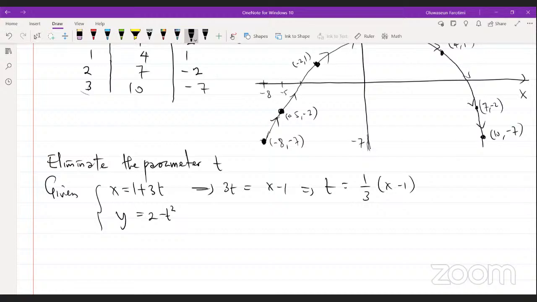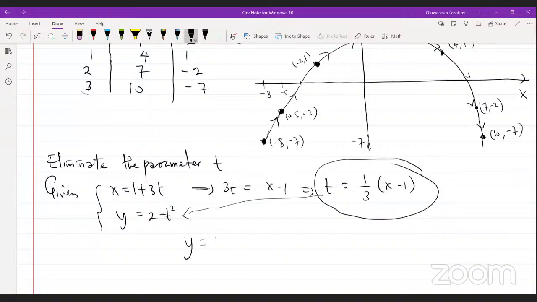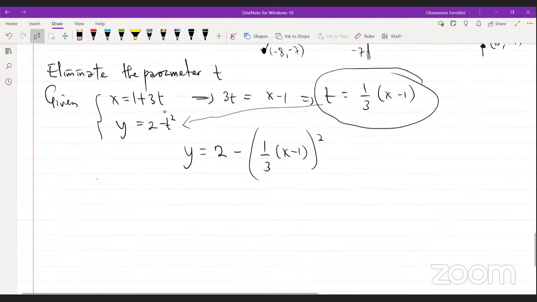So again, I'm going to plug this back here. So y is going to be 2 minus t squared. That's 1/3 (x minus 1), all squared. That means y equals 2 minus 1/9 (x minus 1) all squared. Now you have to simplify, all right? So you don't just stop at this point.